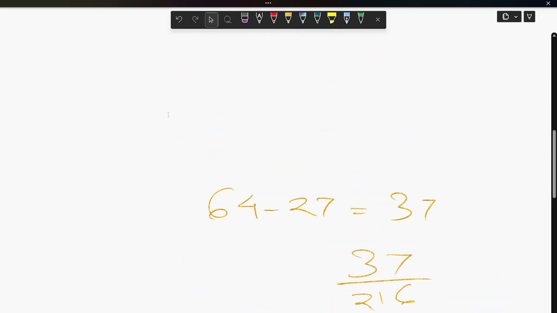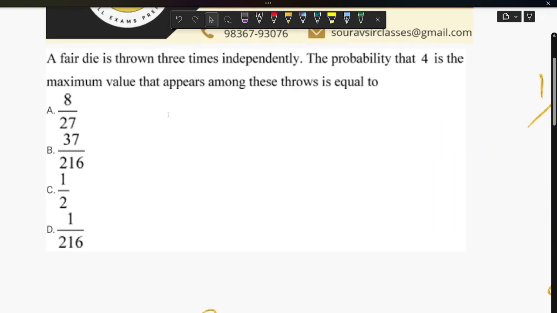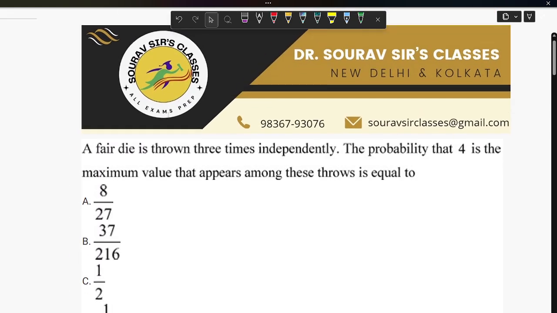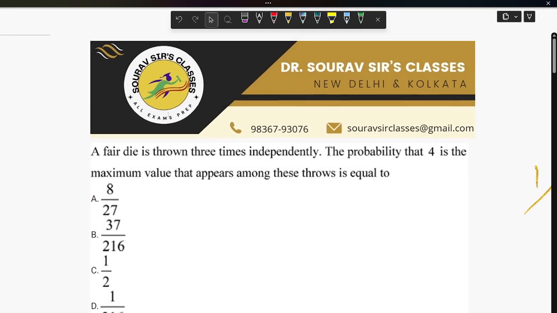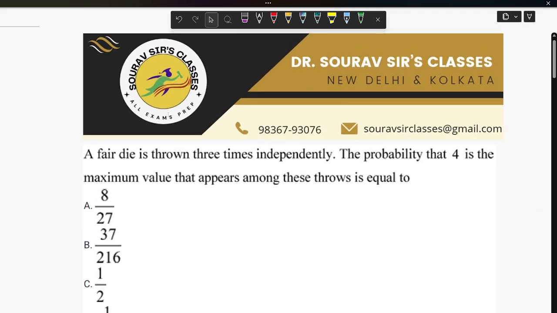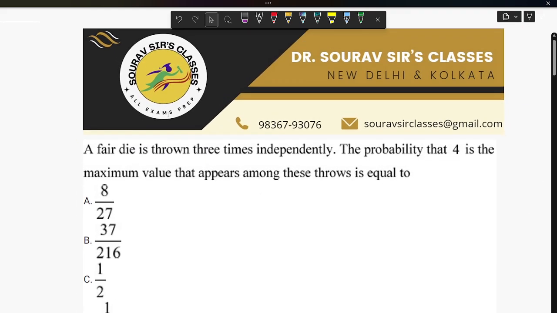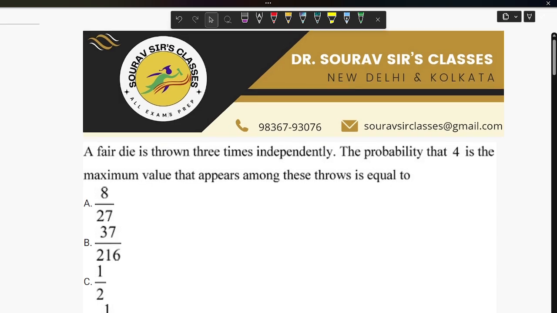Okay. So the correct answer of this given question will be option B, which is telling us that the probability that 4 is the maximum value that appears among these throws is equal to 37 upon 216.